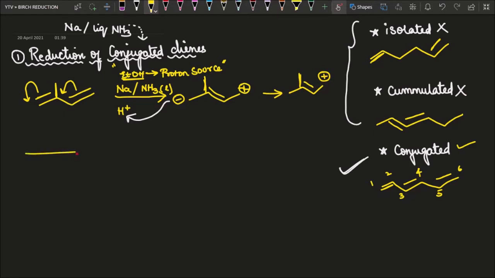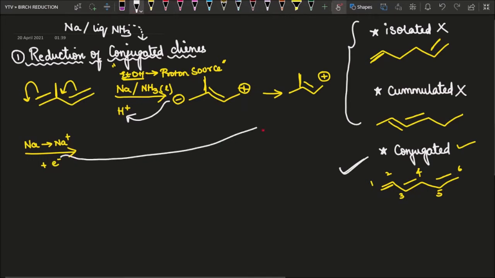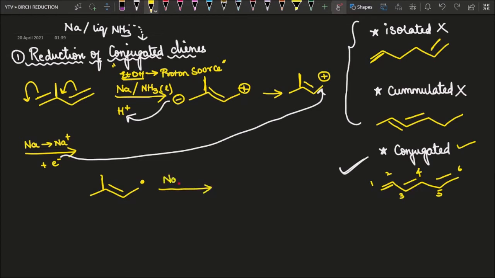Now the sodium metal is going to donate its electron. It will get converted into Na plus and an electron. This electron will go and get attached over this positive charge. Only one electron is getting attached in the first step. So when one electron is getting attached, there is going to be a radical. In the next step, another sodium metal will donate another electron.